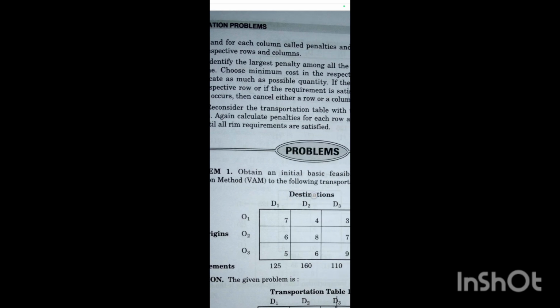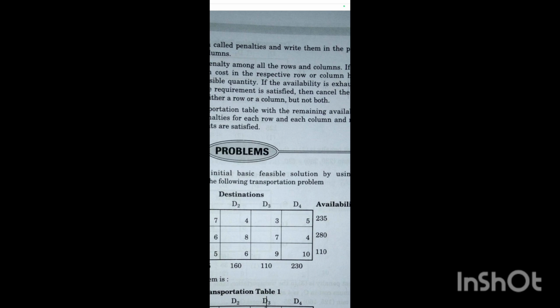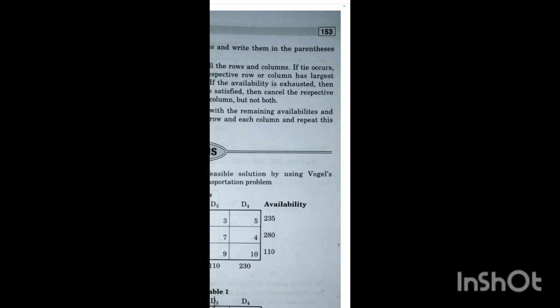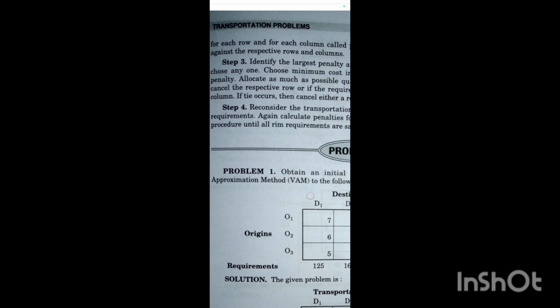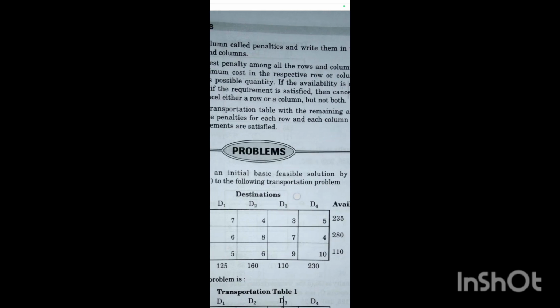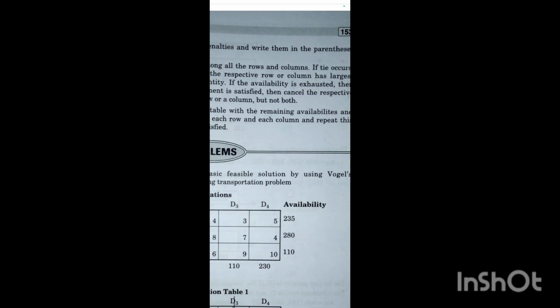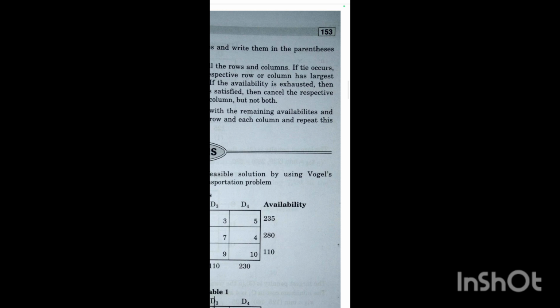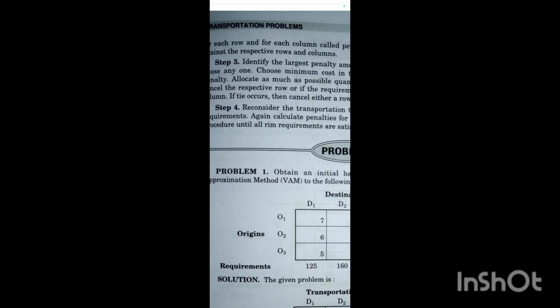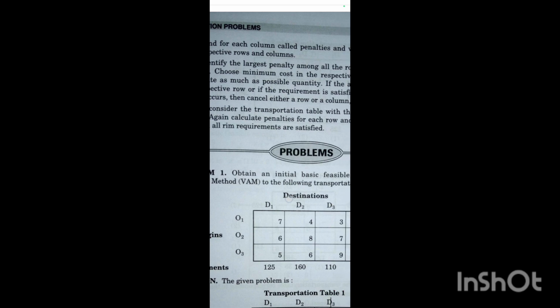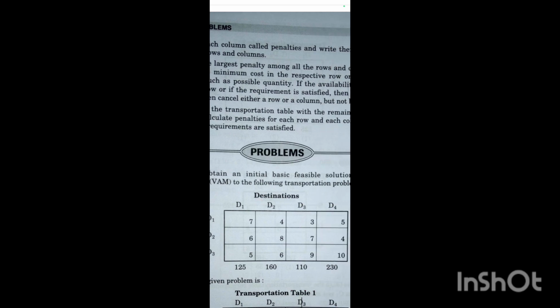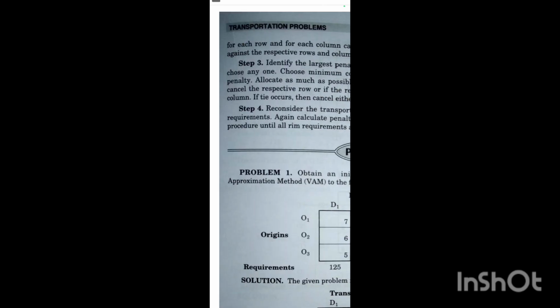Allocate as much quantity as possible. If the availability is exhausted, cancel the respective row, or if a requirement is satisfied, cancel the respective column. If a tie occurs, cancel either a row or a column but not both.